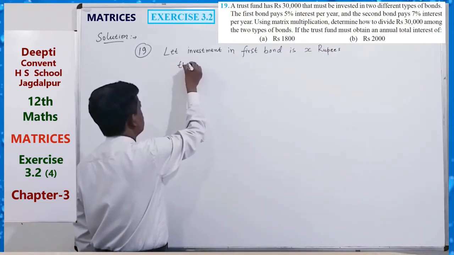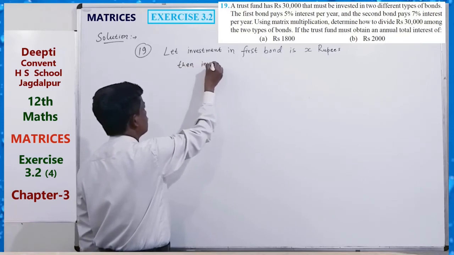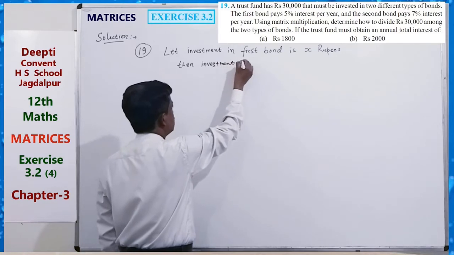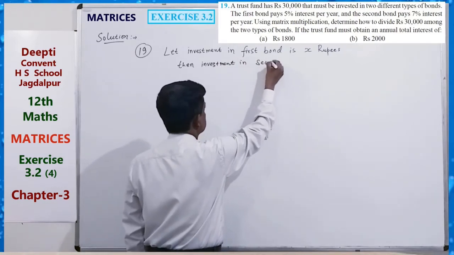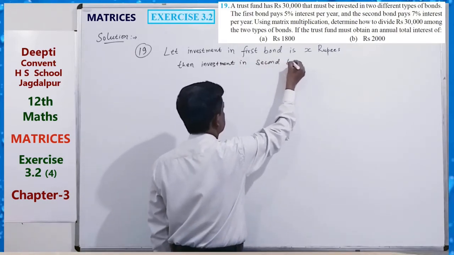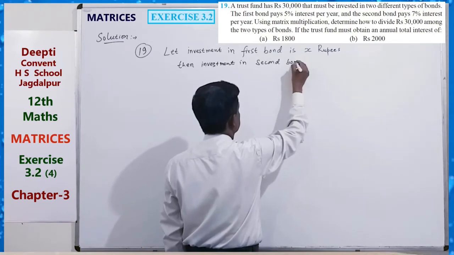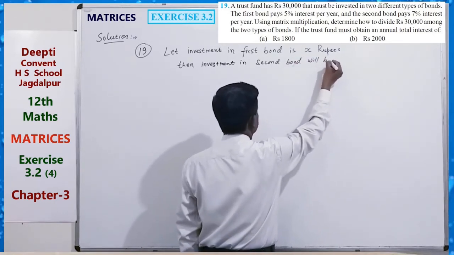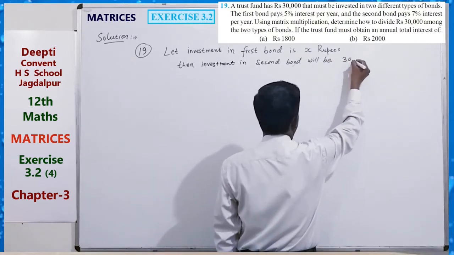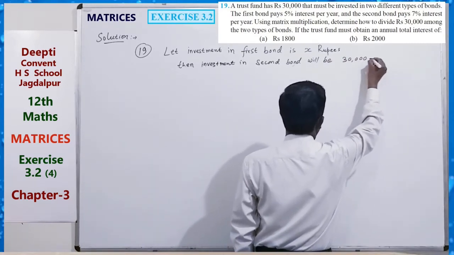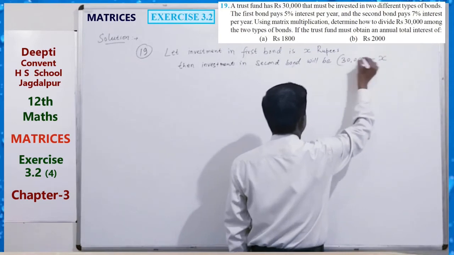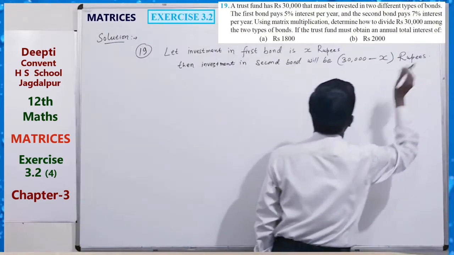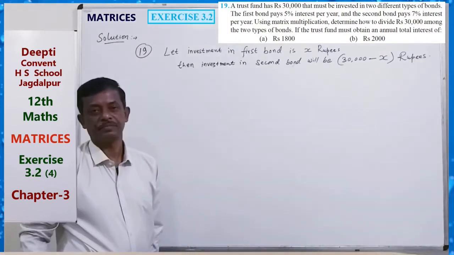Then the investment in the second bond will be 30,000 minus X rupees. Clear?